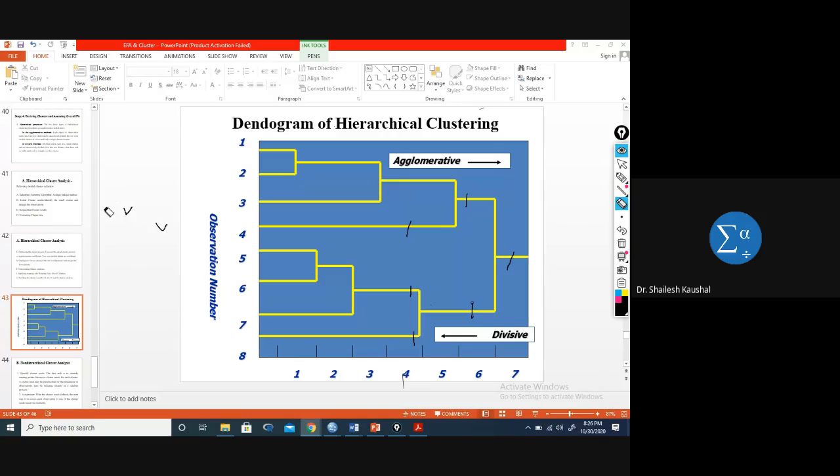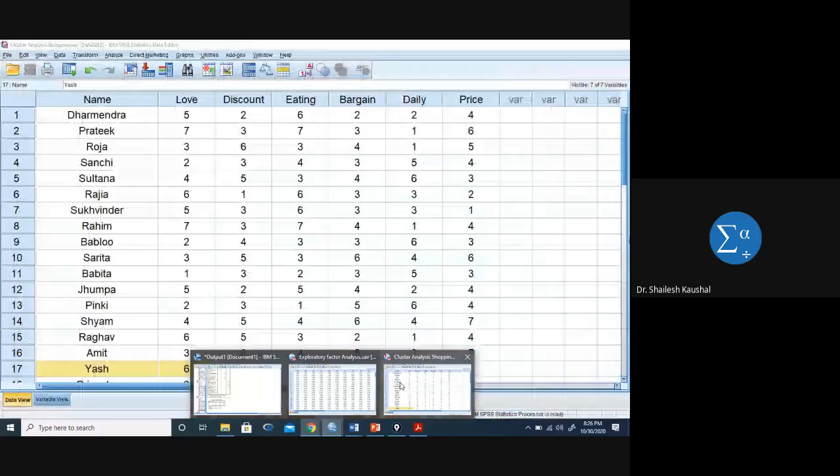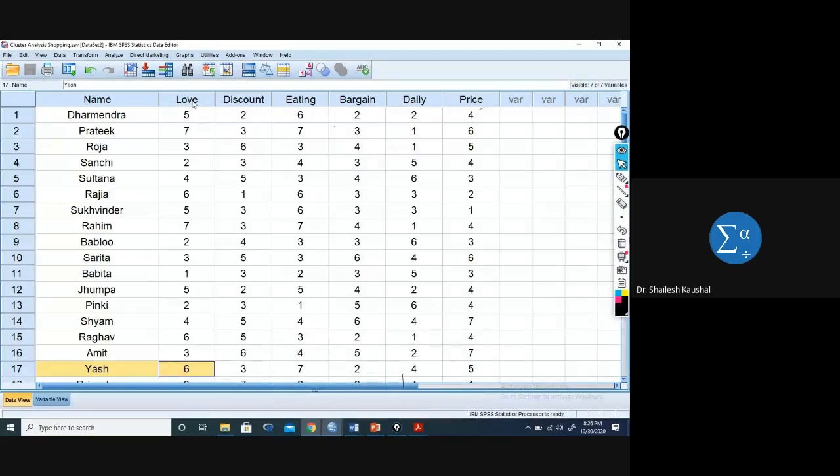So we divide the students per question or on all the questions together, and then we divide the respondents. Basically we divide our students on the basis of question responses. For example, in a particular class you want to use cluster analysis.